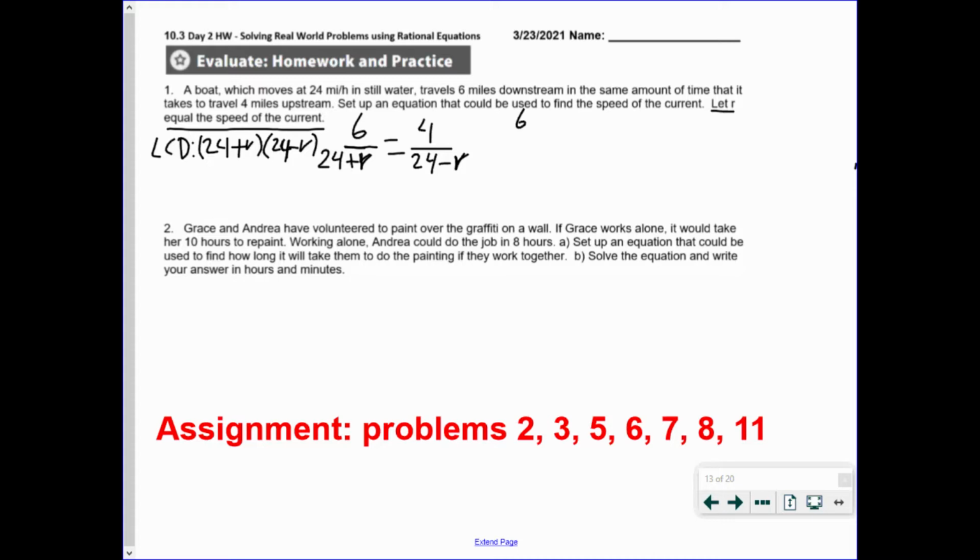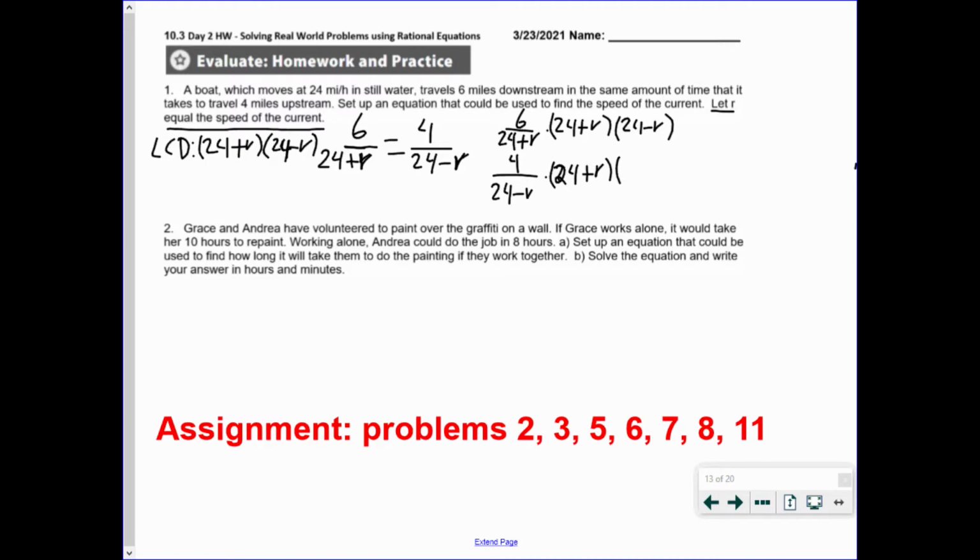So we have 6 over 24 plus r times our LCD, 24 plus r times 24 minus r, and our other fraction, 4 over 24 minus r, we multiply with our LCD as well.